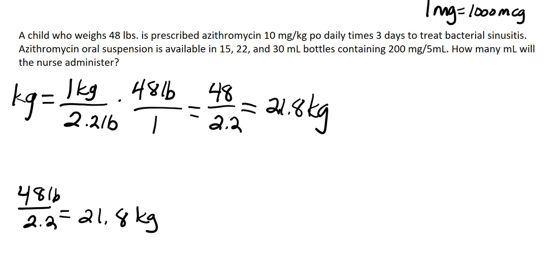Now let's just say, hey, how we did it the first time, I didn't want to plug in the conversion for kilograms and pounds. I wanted to just divide my 48 by 2.2, get my 21.8 kilogram. How do I plug that into the problem? It's basically the same thing. Let's erase this.